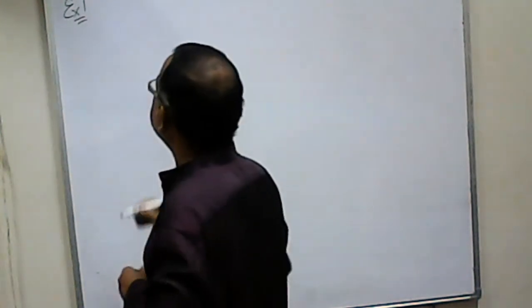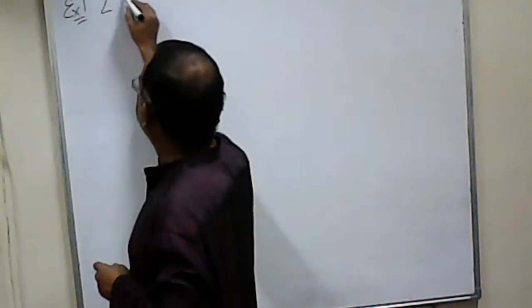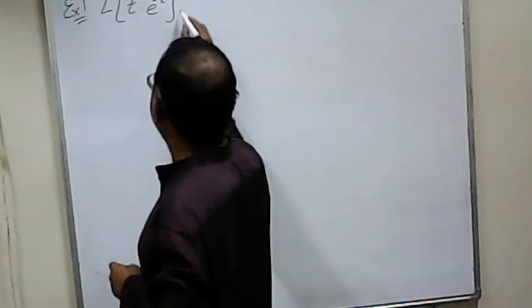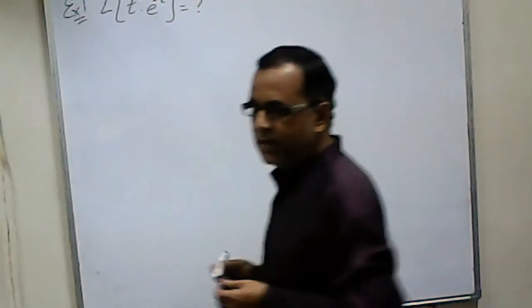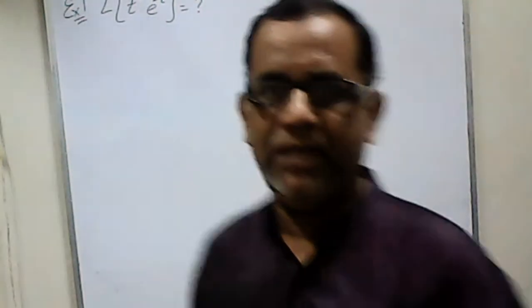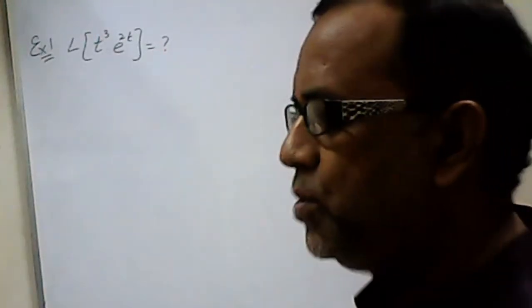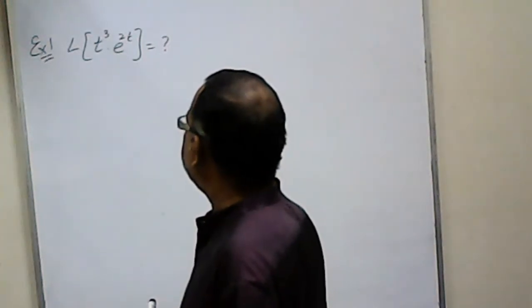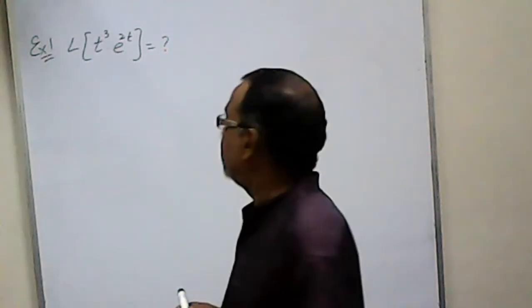1 is if we want to find Laplace of t cubed into e power 2t. If we have an example like this, Laplace of t cube into e power 2t, then we need to apply the formula of multiplication.